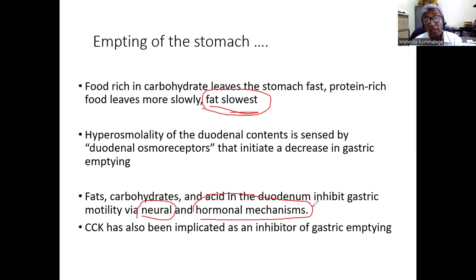Especially gastric inhibitory peptide is a very important hormone that inhibits gastric emptying. If the duodenum gets a considerably high volume of chyme, that will inhibit the emptying of the stomach, right?